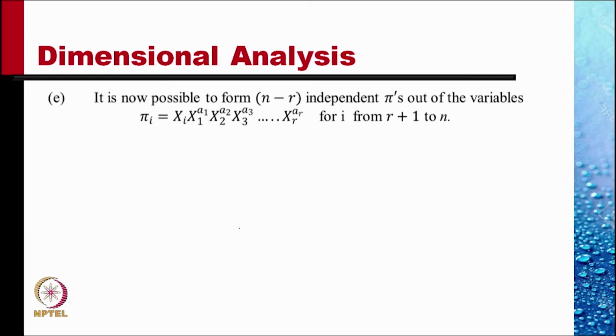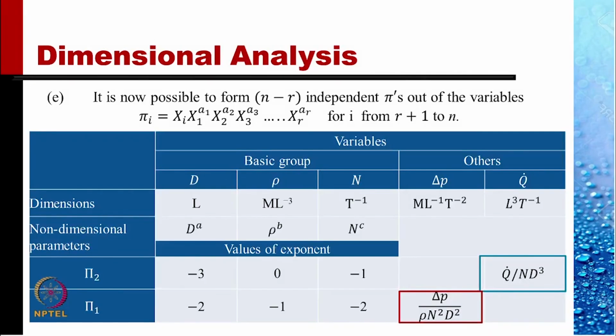And the i varies from r plus 1 to n. We organize this in this table. We have chosen the basic group D, rho and N. The other parameters are delta P, which is dependent, and Q dot, which is independent.